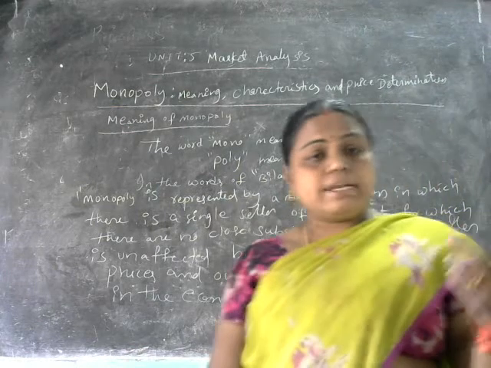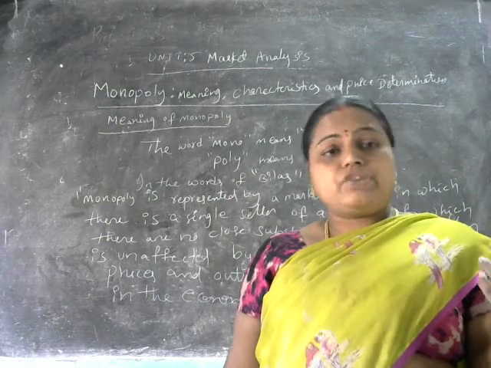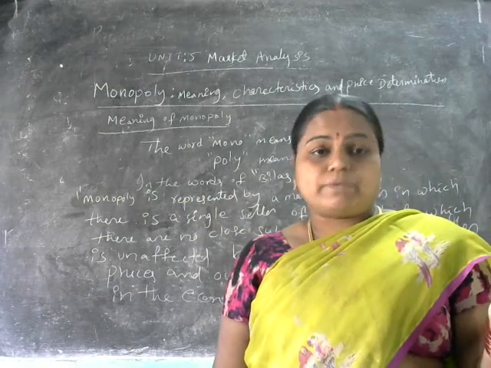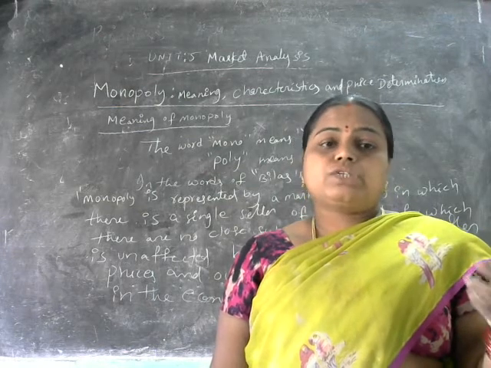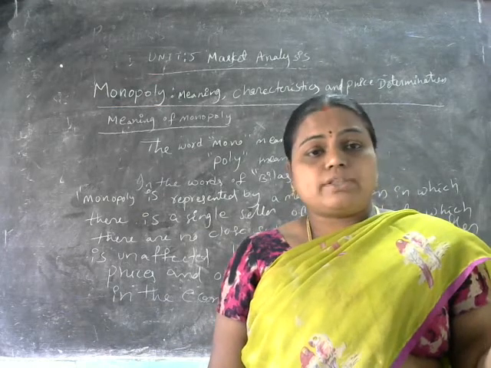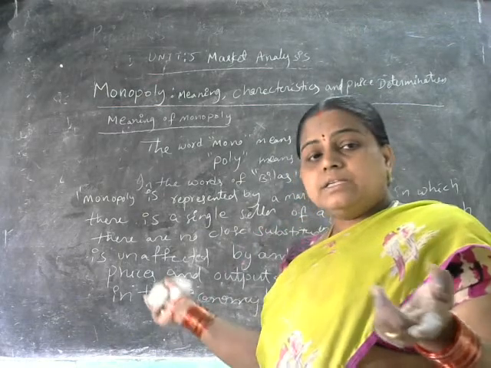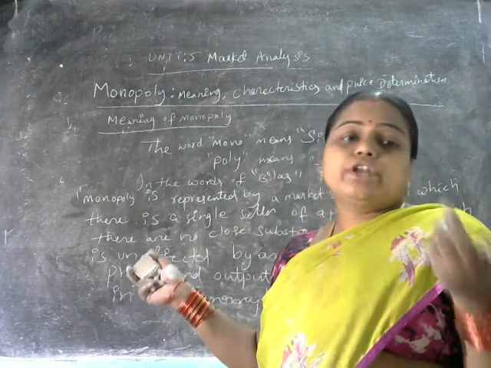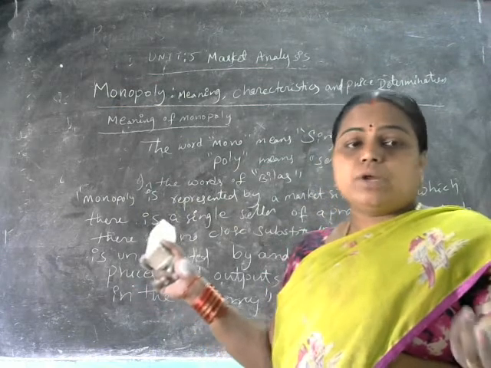He is going to be selling the product for which there is no close substitute. So the prices of the other goods or the output of the other goods may not affect this particular seller. That's why he is the ruler in the market here.